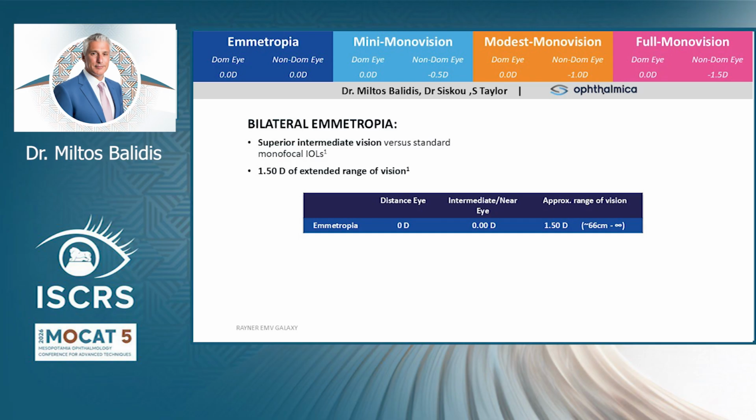And so how can we get this kind of knowledge and try to put it into our everyday practice? Let's presume that we have here a lens with a defocus monocular photopic as it is on the left-hand side. And we do a monovision of -1.